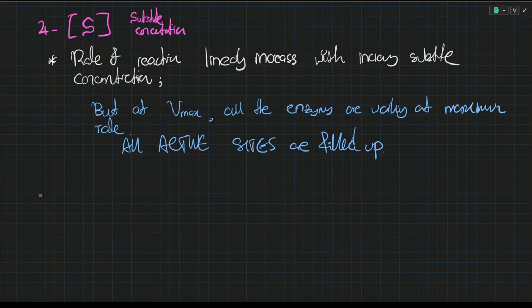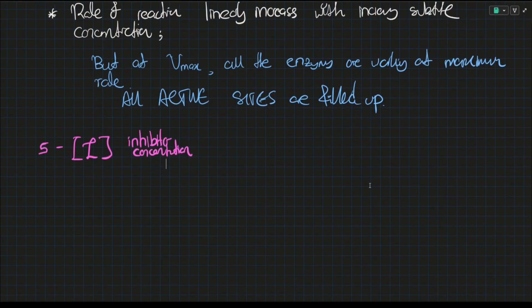Following substrate concentration, we're going to be having the inhibitor concentration as well. I bracket, inhibitor. Just to give you a basic idea of what inhibitors are, just as the name suggests, inhibitors are going to inhibit enzyme activity. That's all. We will talk about inhibitors and inhibition in more detail as well. Until then, that is all you need to know about inhibitors. They inhibit enzyme action.